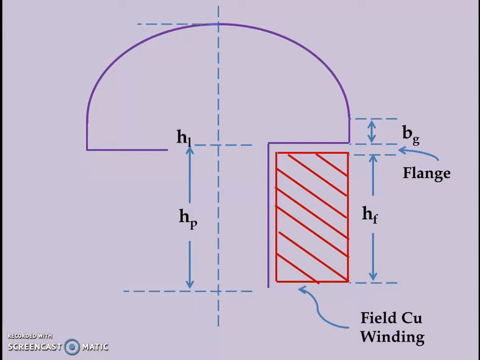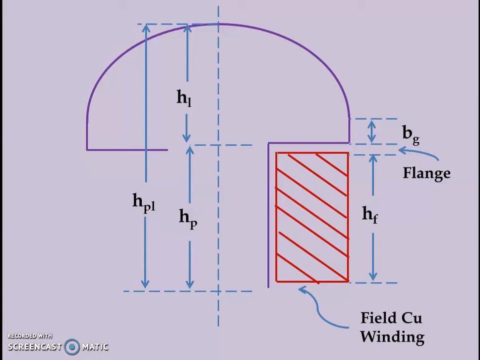At the center of the pole, we take the height of the pole shoes. Some of the height we have wasted because of the curvature of the stator yoke, and this is the overall or radial length or overall height of the pole, and that is exactly equal to the addition of the height of the pole body and the height of the pole shoes.